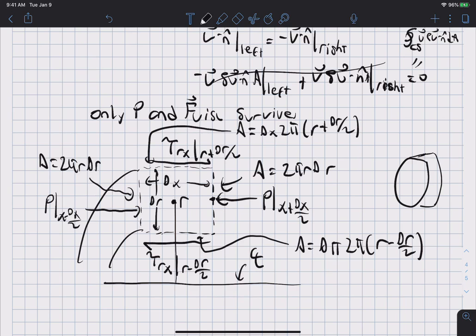Okay, and so now we just sum the forces in the x direction.